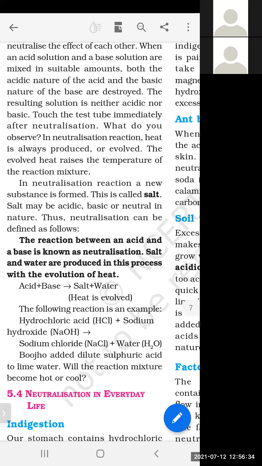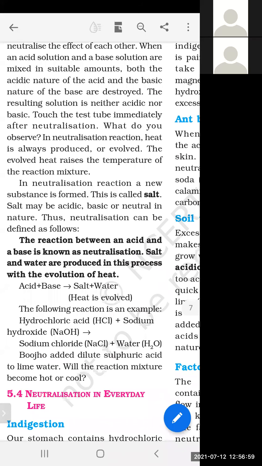While writing the formula, keep focus on the symbols. Which alphabet you have to write in capital and which in small. In HCl, H is capital, C is capital, l is small, because two elements are there, hydrogen and chlorine.